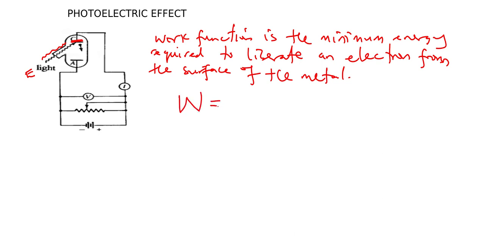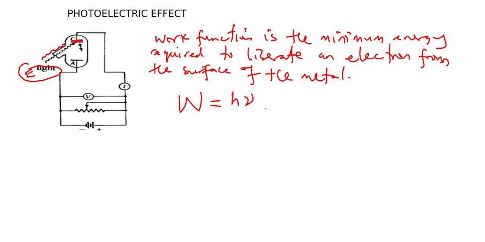It is related to another term that we call the threshold frequency. This work function is like energy. The energy of the incoming light must be more than the energy that is required to remove the electron from the surface of this metal. The work function is Planck's constant h multiplied by the threshold frequency.